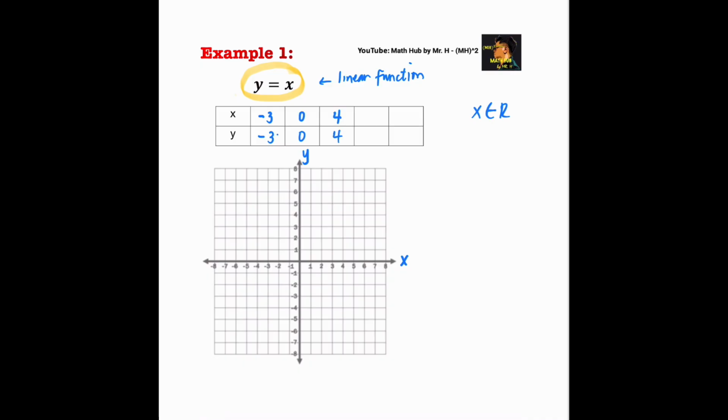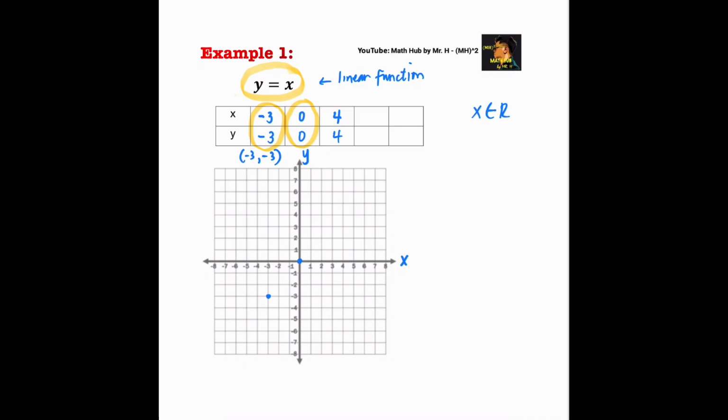And now these are the sets of points that we need to plot on the Cartesian plane. The very first set will be -3, -3, and that point is here. Then 0, 0, or the origin, and the origin is here.